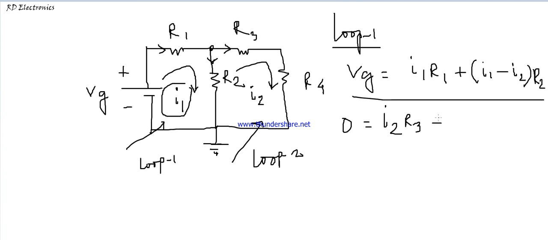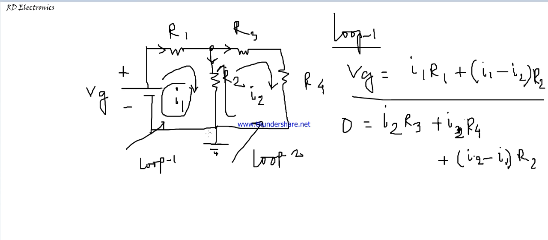The second voltage drop equals I2 into R4. And the third one is I2 minus I1 into R2. Why do we consider I2 minus I1? Because this current flows in the opposite direction. That's why we consider I2 minus I1.